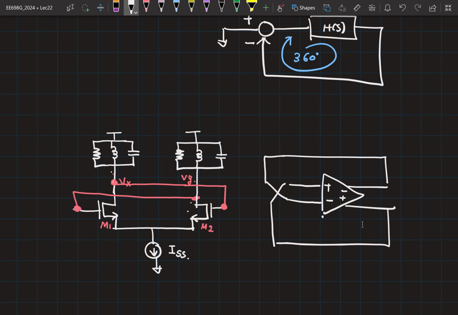Can you tell me if this is in positive feedback or negative feedback or something in between? This is in positive feedback. If I give some plus V in here, I can break the loop and check here. So you get minus some gain times V in, let me call it some A times V in. And this comes back again as a positive quantity here. So if I break the loop and then go around, you will see that this is able to give you a positive feedback.